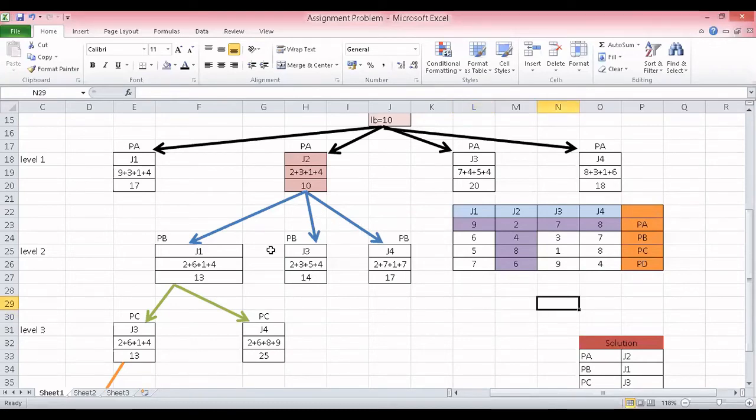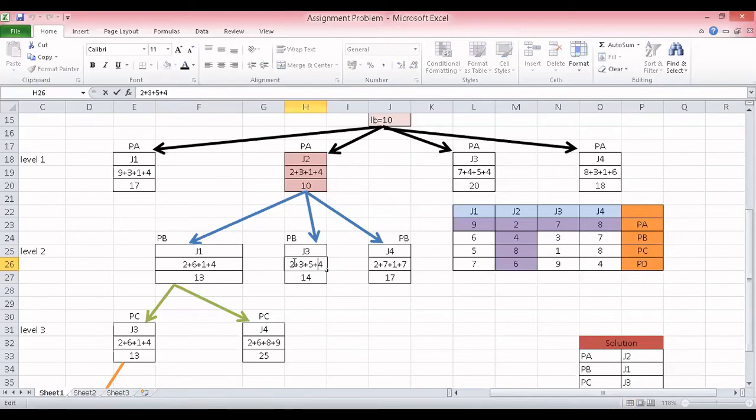Now coming to person B, if I am assigning job 1, what is the cost? I am going to calculate. If you see here, these are the 3 boxes, 1, 2, 3. Everywhere the first data in the sum operation is 2.